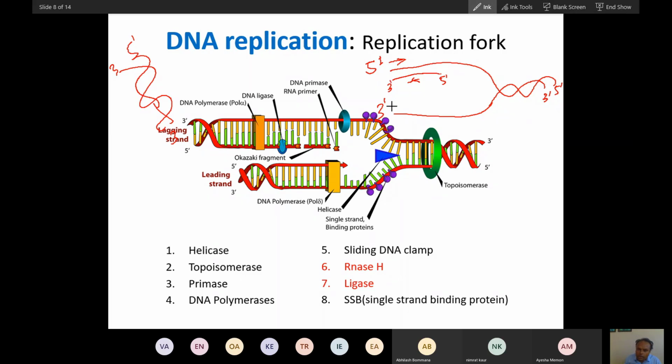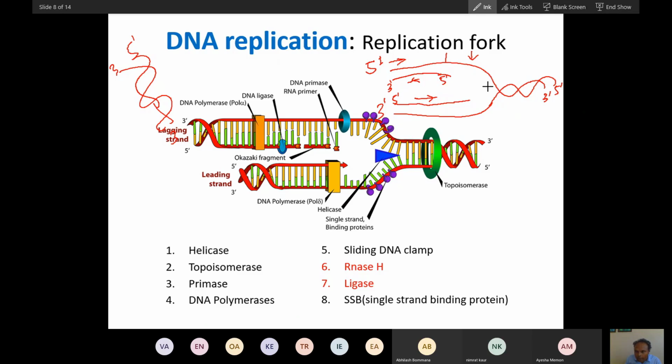Now, what would be the direction of synthesis here? 5' to 3', left to right. If you see on this strand, there will be incremental synthesis, because once it is opened up to this point, a strand will be synthesized like this.